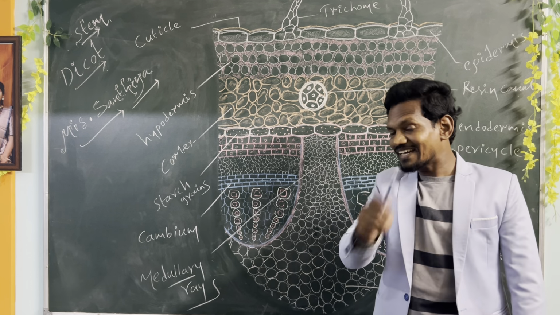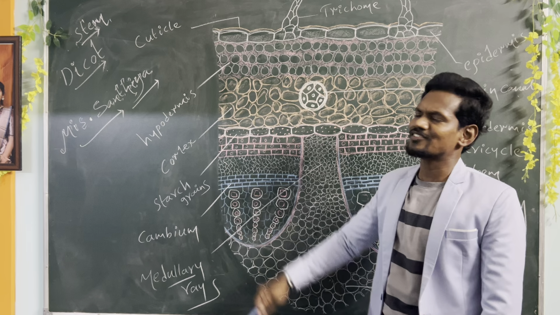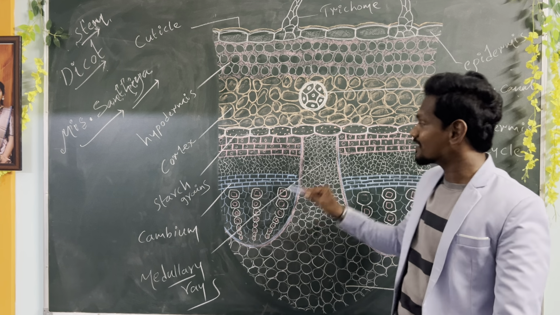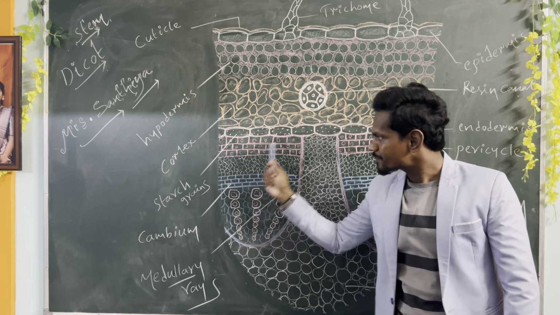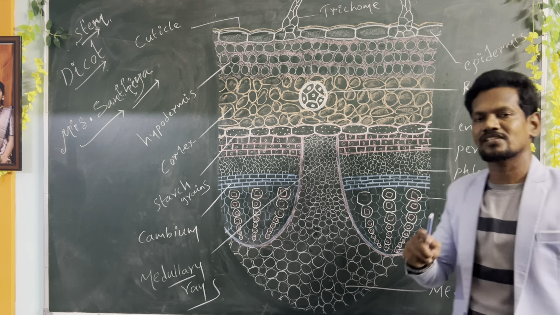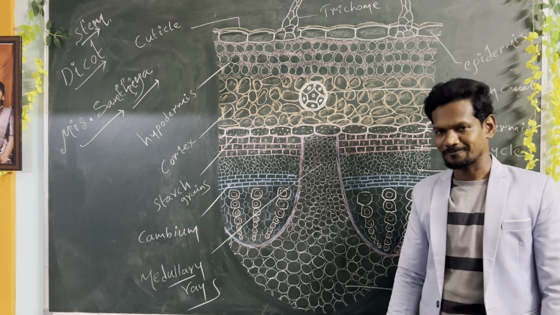And the main characteristic feature, from a competitive point of view: endodermis cells possess starch grains. Generally starch grains are present in chloroplast, right? But in endodermis starch grains are present because endodermis is also known as starch sheath.